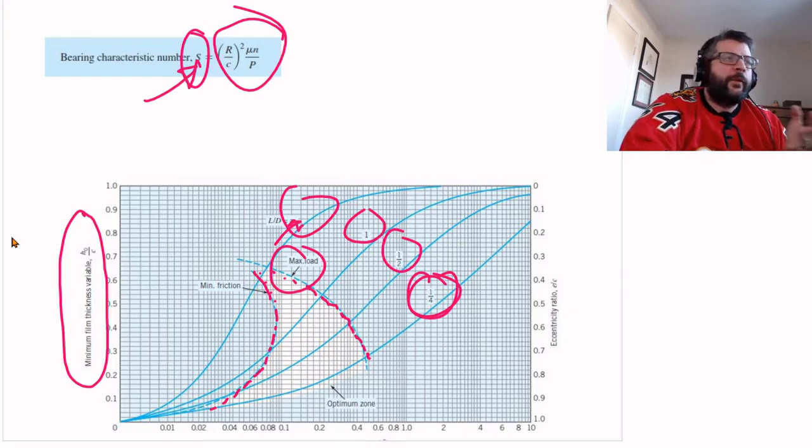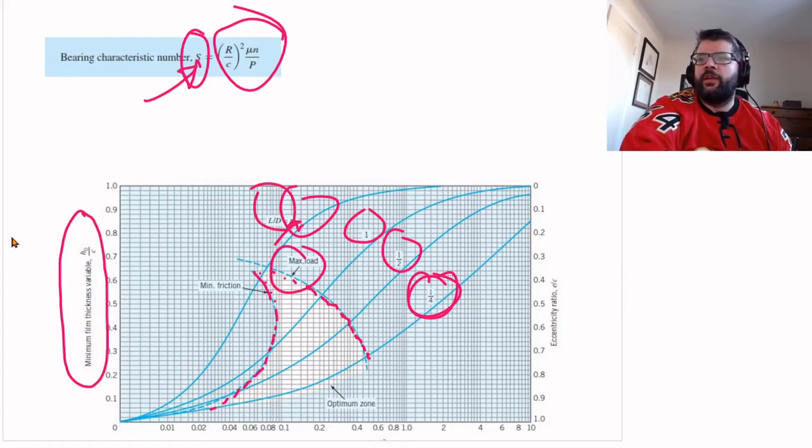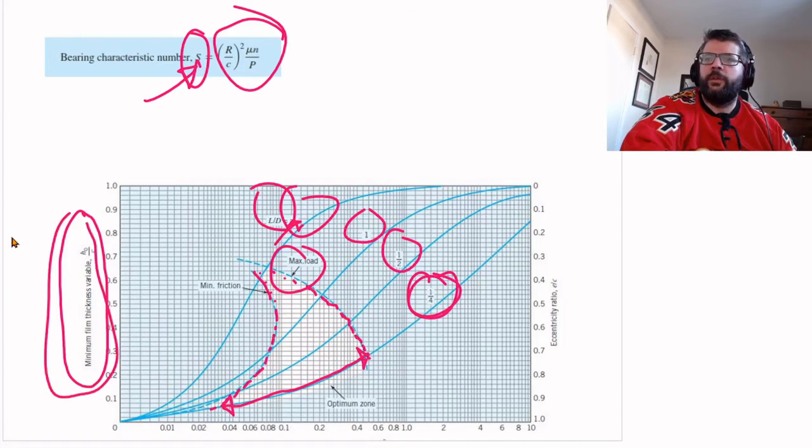So for any particular bearing, you're going to have the length to diameter ratio be constant, obviously. So you're following these lines back and forth. As you change the Sommerfeld number, or the bearing characteristic number, you're changing the minimum film thickness variable.